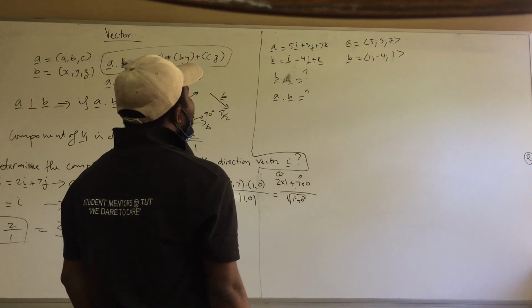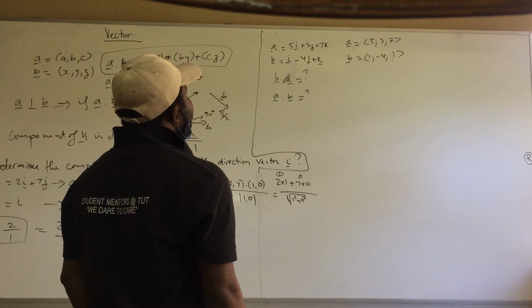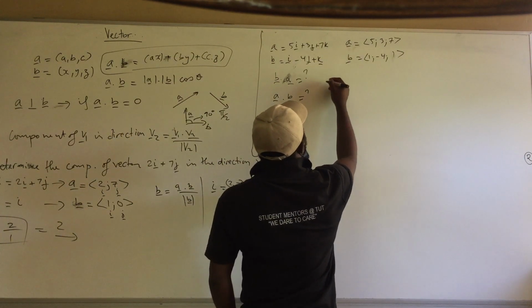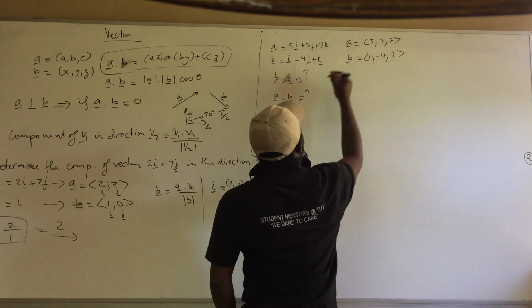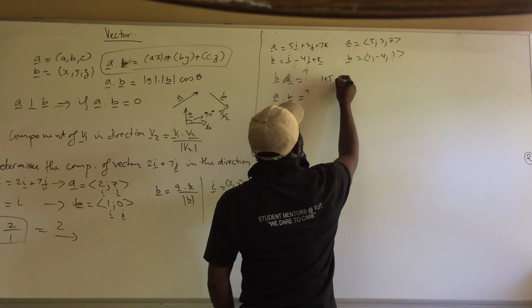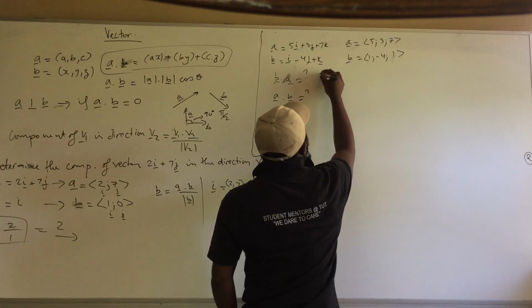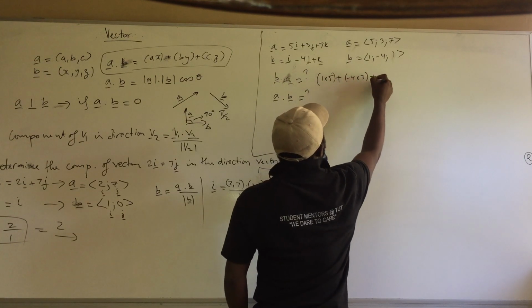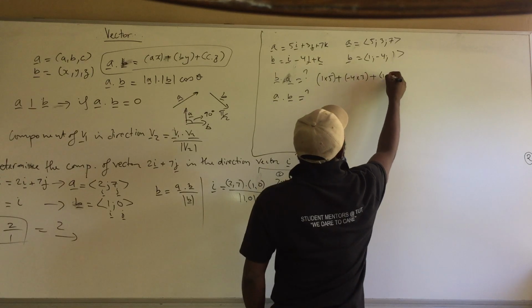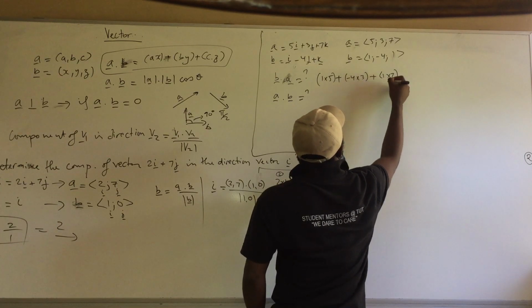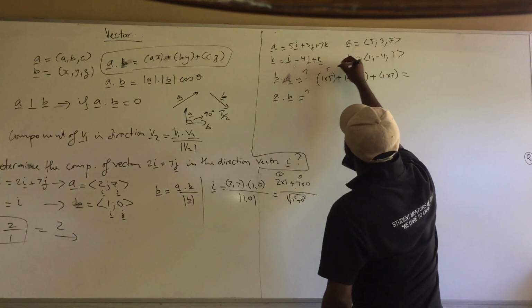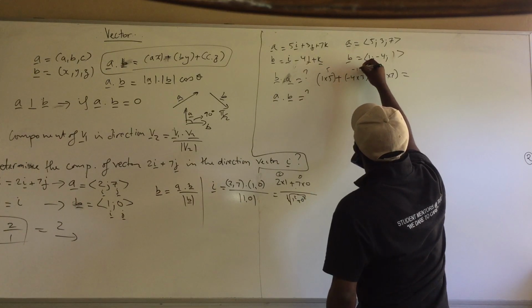Now, I'm gonna do B times A. Vector B times A, it will give you what? B times A, it's gonna give you 1 times 5 plus minus 4 times 3 plus 1 times 7. Okay? This one will give you what? I'm having here, it's going to be 5. This one will give you 12.